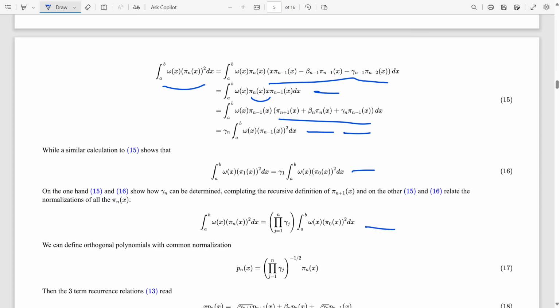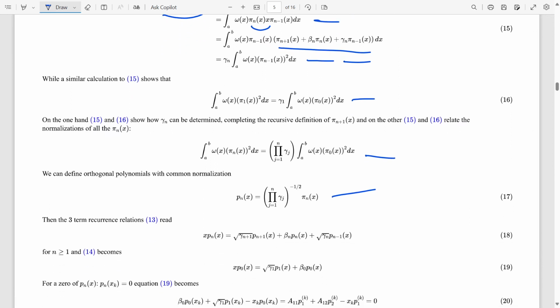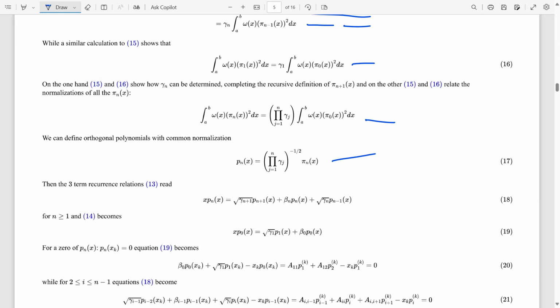Now, if we define Pn of x to be orthogonal polynomials with common normalization and positive leading coefficients, in terms of these polynomials, we can write our recurrence relations as this, and this for n equals 0.